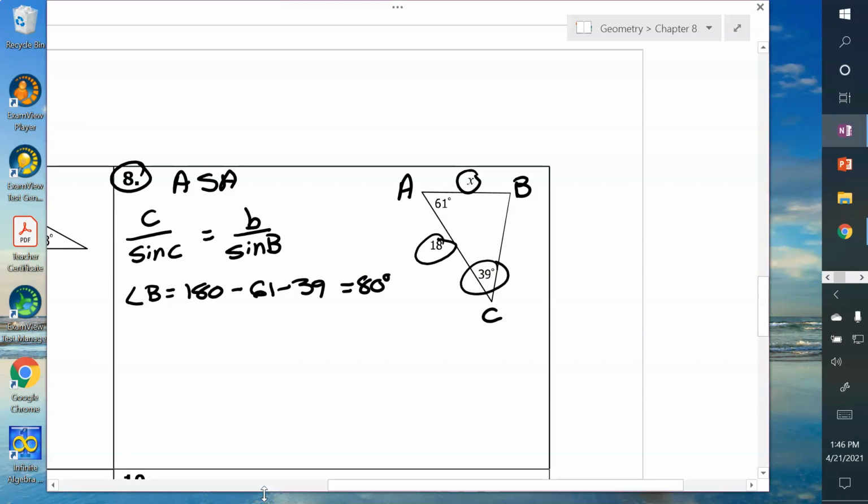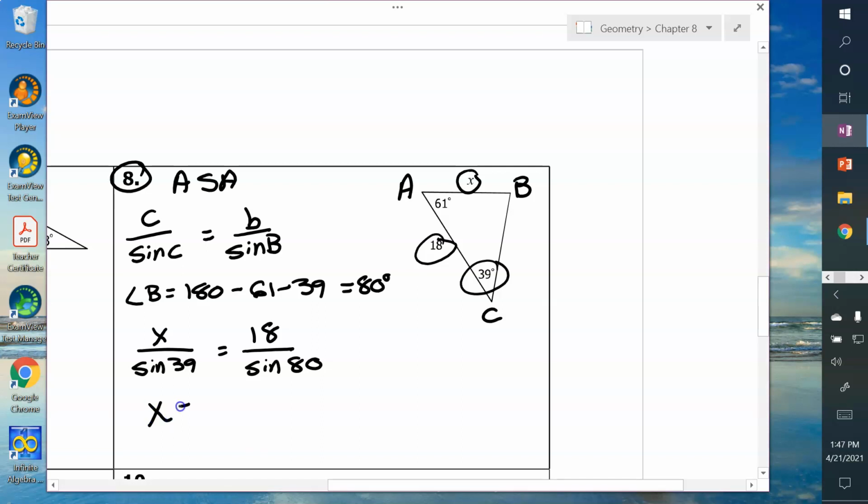Now I'm ready to plug that into my law of sines. So little c, which is x, over sine of angle C, so sine of 39, is going to equal little b, which is 18, over sine of B, or sine of 80. Now what I'm going to do is multiply both sides by the sine of 39.